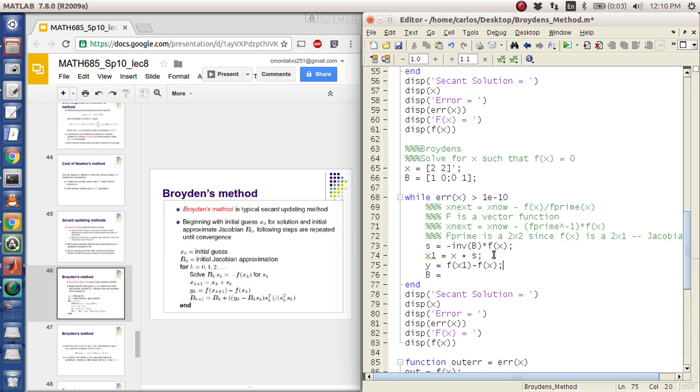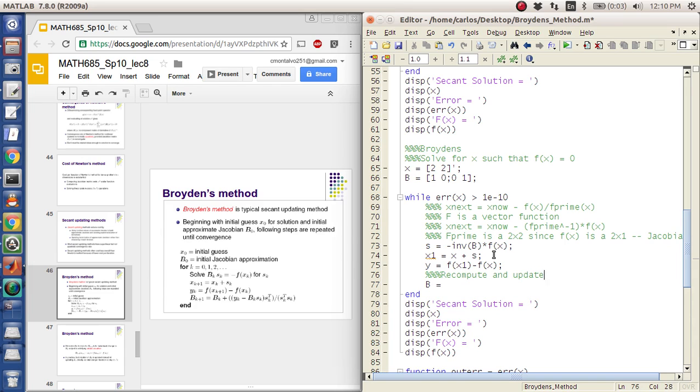And then this is the Broyden part, where you recompute and update the approximation of B. So B equals B plus (y minus B times s) times s transpose, all over s transpose times s.